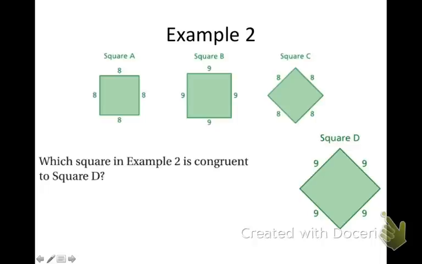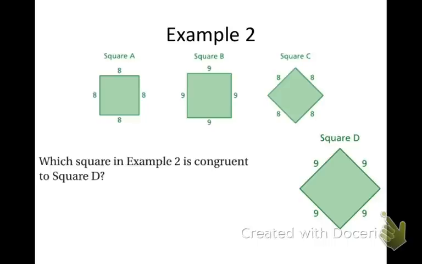So example 2. Which square in example 2 is congruent to square D? So square D is on the right. We know that all squares have 90-degree angles, so the angles are all equivalent anyway. If I look at square A, it has side lengths that are 8, but square D has side lengths that are 9. Square B has side lengths that are 9, and then just to be sure, I look at square C, and it in fact does have side lengths that are 8.